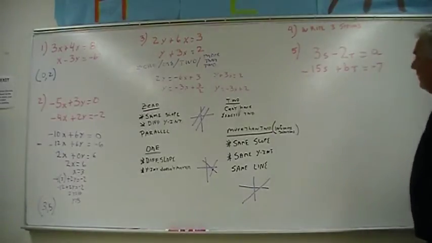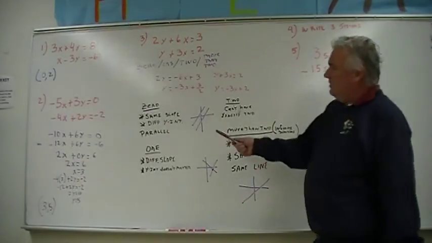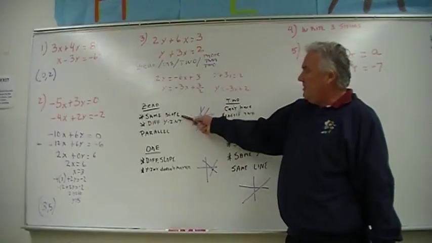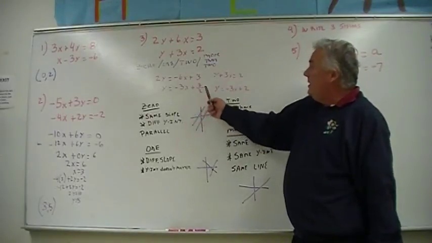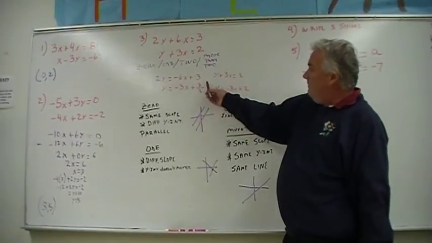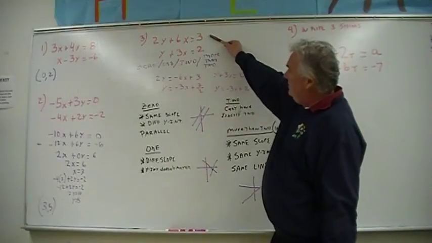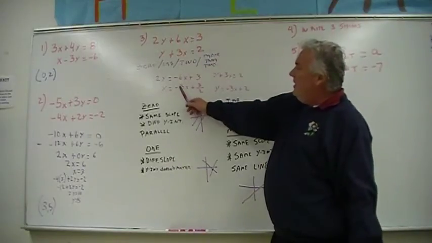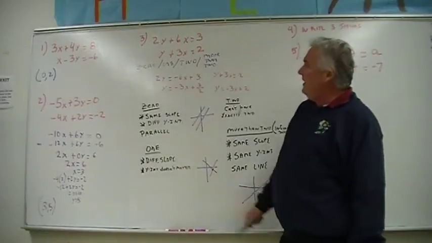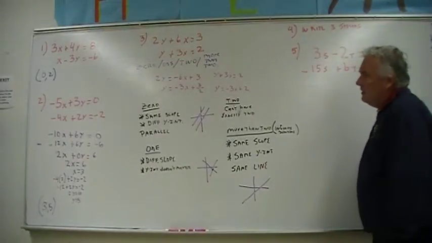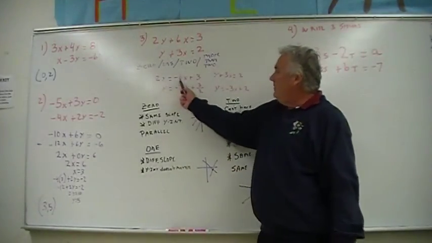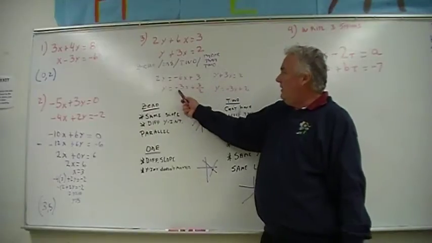For 0 solutions, they have the same slope and different y-intercepts. If you take this equation and make it 2y equals negative 6x plus 3, then divide everything by 2, you will get this equation.